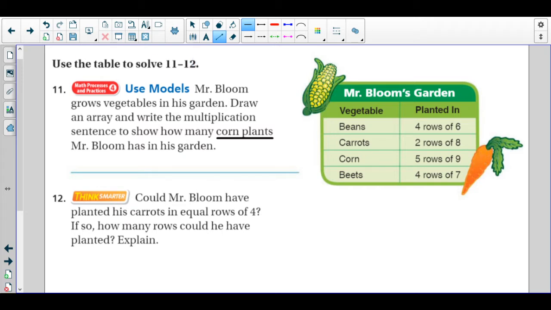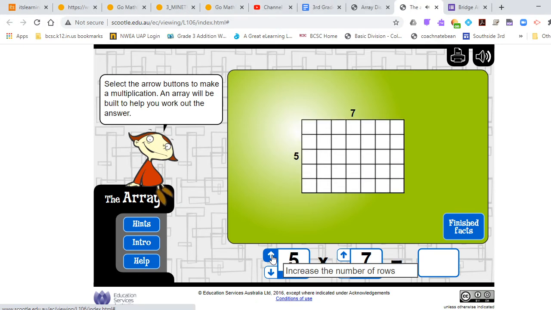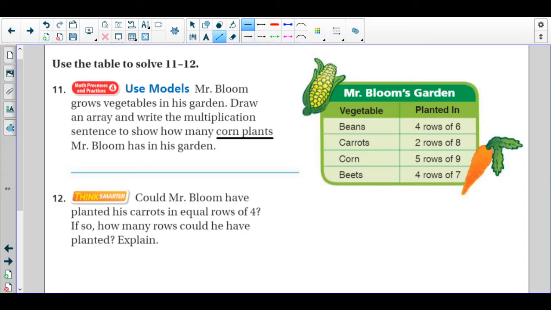So let's look at corn. What do we have? We have 5 rows of 9. So let's switch over here. We have 5 rows, and there are 9 in each of the rows. So your array would want to look something like this. Or if you wanted to, and again, it's just a matter of keeping things a little easier, you can just make your rows like this.